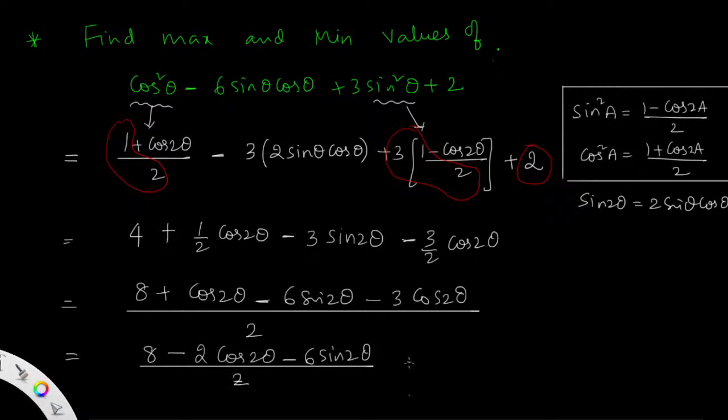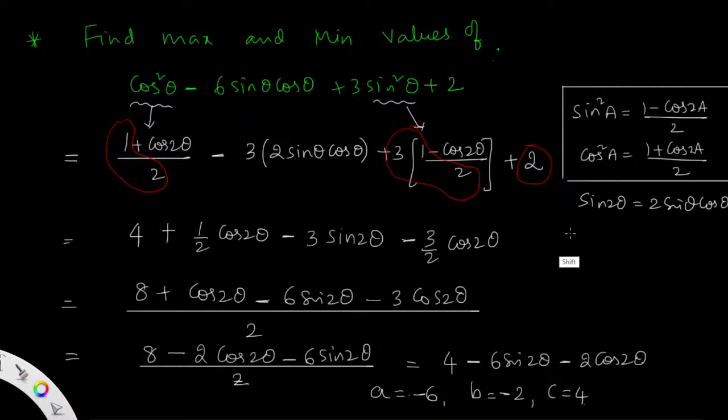Then it goes to 8 by 2, which is 4, and minus 6 sin 2 theta minus 2 cos 2 theta. Let us treat A as the coefficient of sin x, which is minus 6, B as the coefficient of cos x, which is minus 2, then C equals 4. Now substitute.